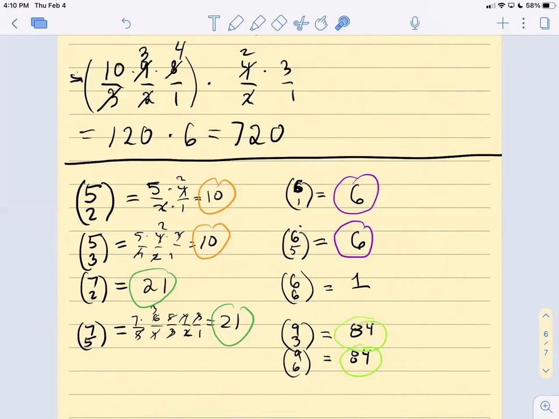Why is that the same as having 9 people and picking 6? The number of ways to pick a team of 3 is somehow related to 9 choose 6. Why is that? And there's a very silly but simple, important answer to it.